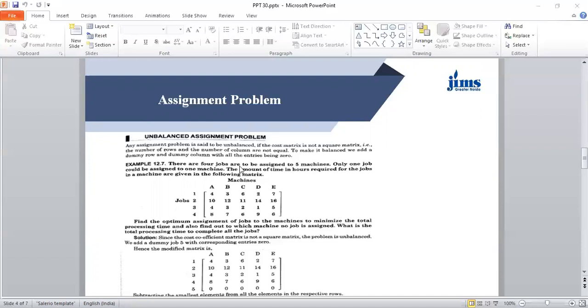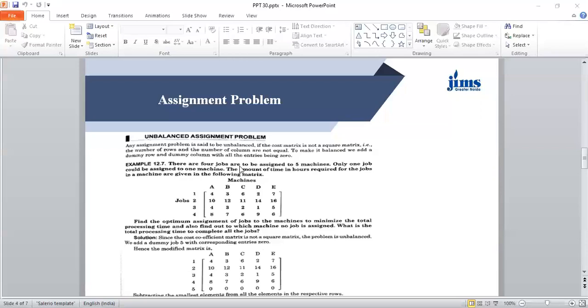So the problem is to find out the optimum assignment schedule so that the total processing time is minimized. And we also have to find out to which machine which job is to be assigned and what is the total processing time to complete all the jobs.